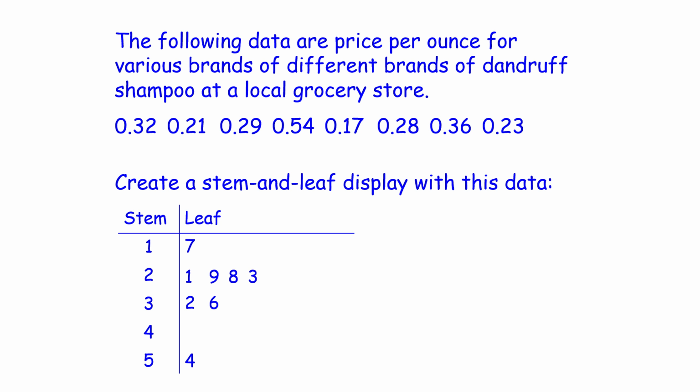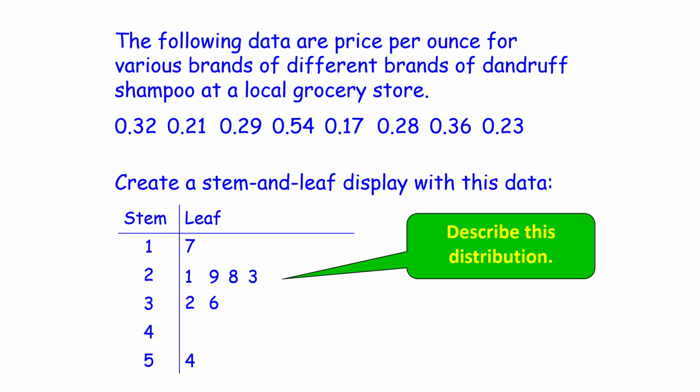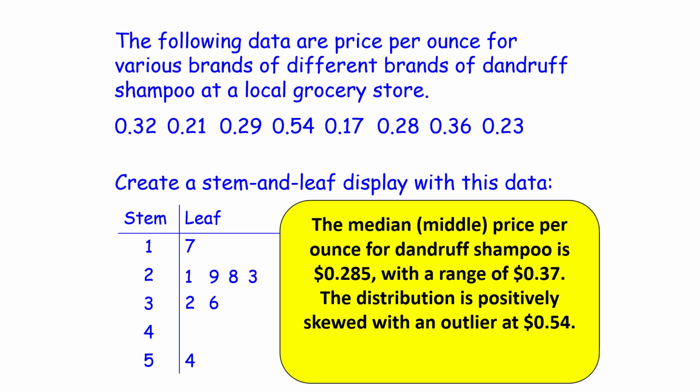So now we simply need to describe this distribution. So we're going to need to find our median. Sometimes we find our mean. In this case, we're going to want to find our median, and we'll talk about why. Now the median, which is the middle price per ounce for dandruff shampoo, is 0.285 with a range of 37 cents.